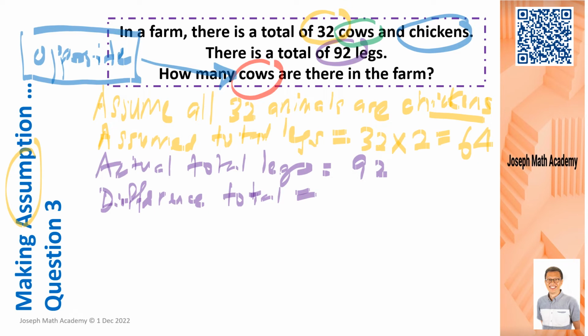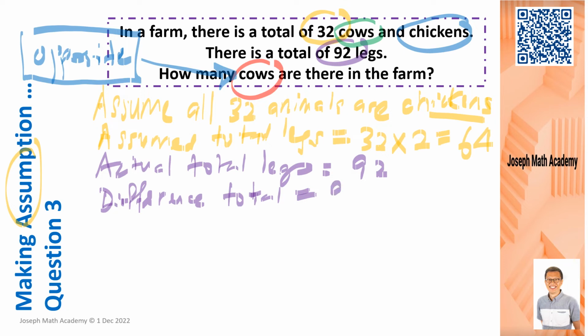When the farmer is counting the legs, the farmer is only counting 2 legs each for all the animals. So some cows are pretending to be 2-legged. So the difference in total means the hidden legs, the miscounted legs, the missing legs.